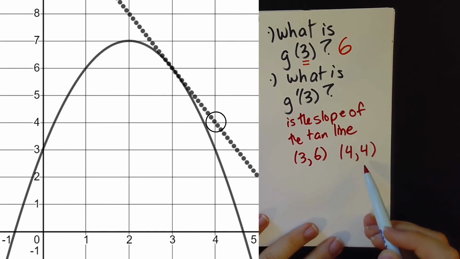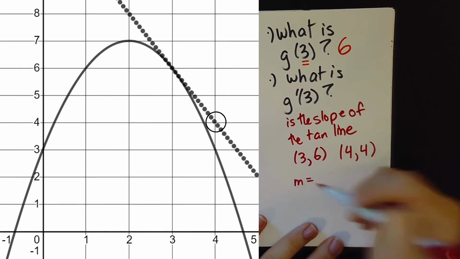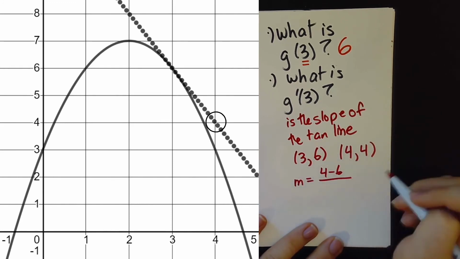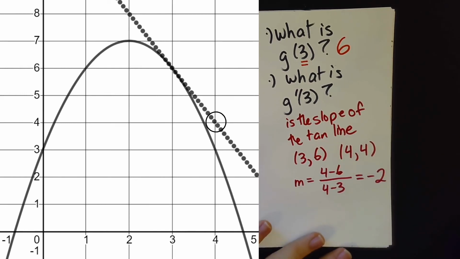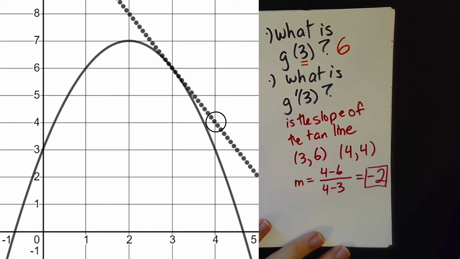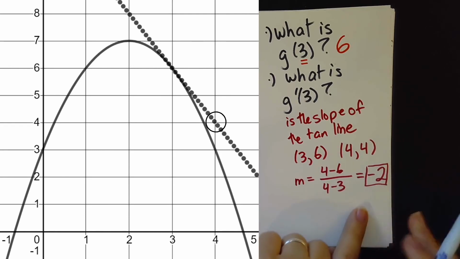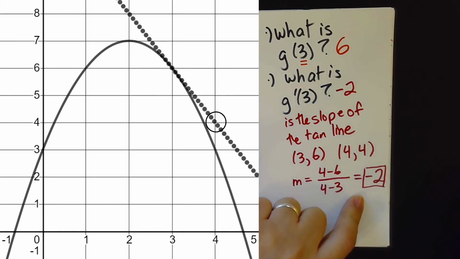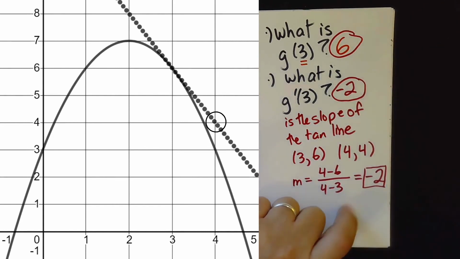Both of these points are on my tangent line, and so I can calculate the slope of the tangent line. It is 4 minus 6 divided by 4 minus 3, which happens to be minus 2. And so the slope of the tangent line here is minus 2. But that, by definition, is g prime of 3. And so g prime of 3 is minus 2, g of 3 is 6.